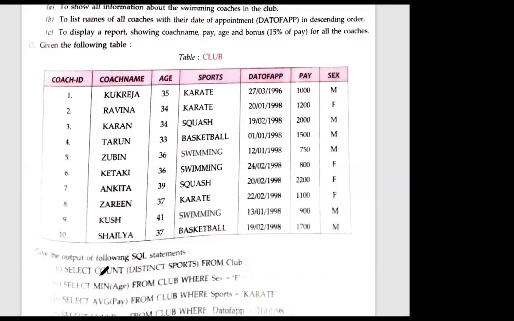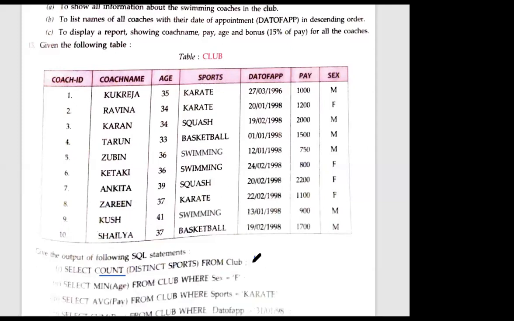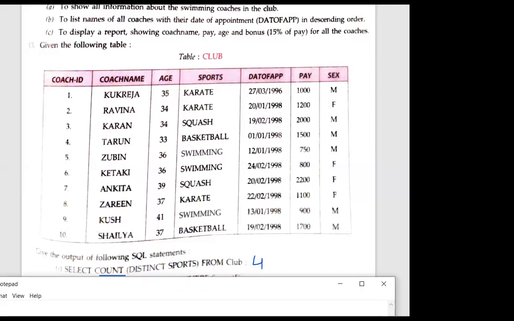The count function is used for counting purposes. It is going to count how many records there are. So actually you have to count how many distinct sports are there. If you start counting, there are 4 different types of sports available.